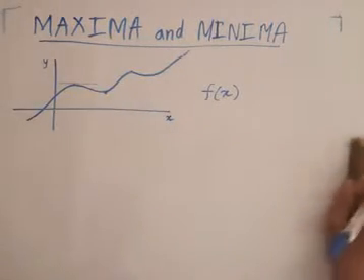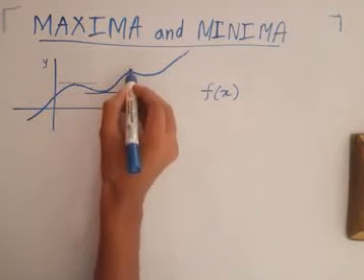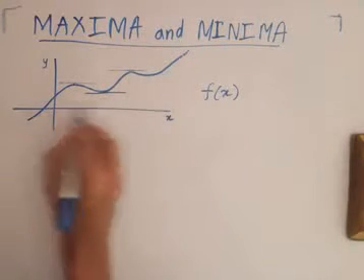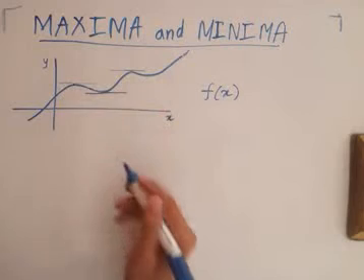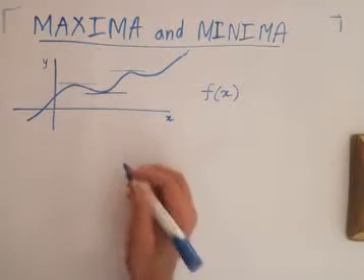Now if you draw the tangent to these points, it appears to be parallel, all appear to be parallel to the x-axis. And why is that? It's pretty simple.